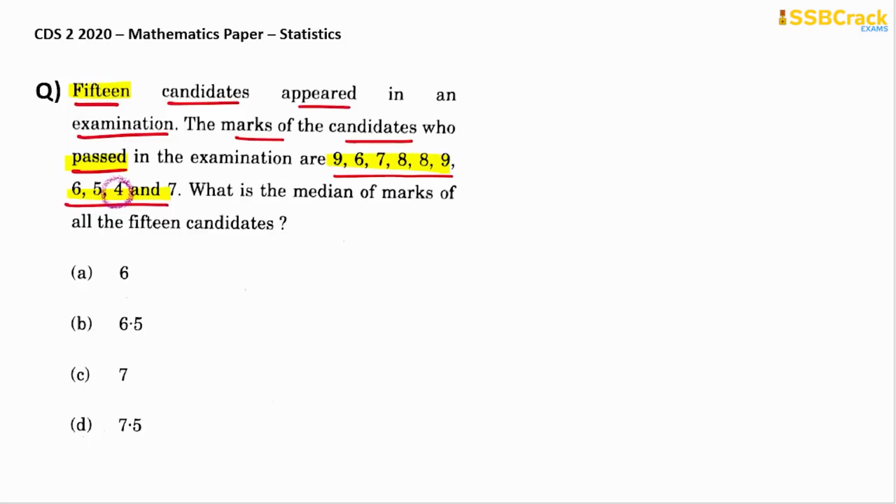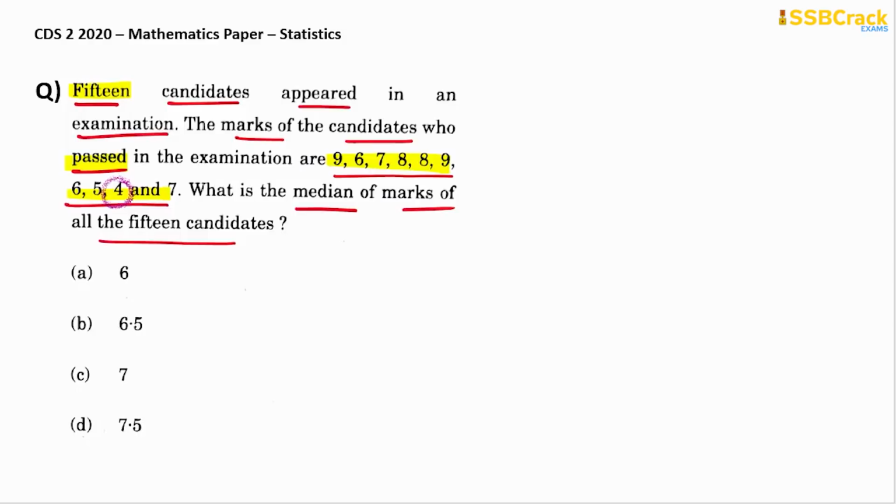So it is obvious that the marks of those remaining 5 students have to be below 4. Alright, so this was the data given to us and they asked what is the median of the marks of all the 15 candidates. So here is the twist. Given the marks of 10 students, asked the median of the marks of 15 students.